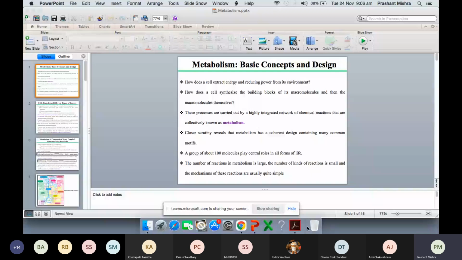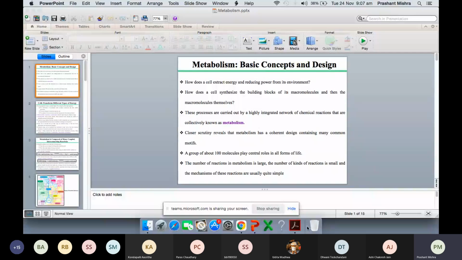And so the first question for any biochemist is: how does a cell extract energy and reducing power from its environment? That means if a cell is growing in an environment, how does it get its own energy from the environment? And number two question is: how does a cell synthesize the building blocks? For example, I have to synthesize protein.